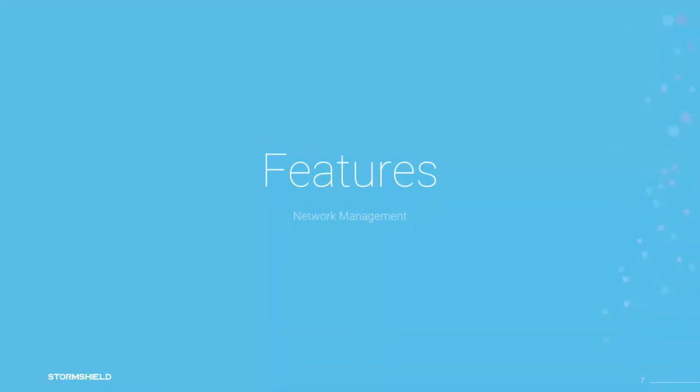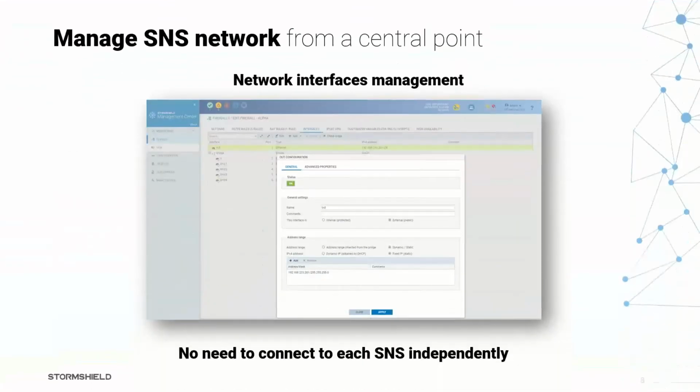So we introduce the network management on SMC 3.0. Basically, SMC becomes the central point to manage all the SNS network interfaces. So when going into the settings of a firewall, now you get one new tab which is called interfaces, and allows you to manage the firewall network interfaces.